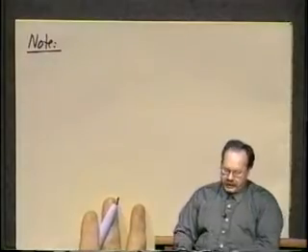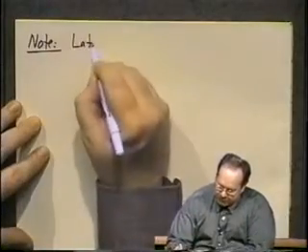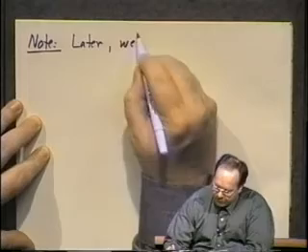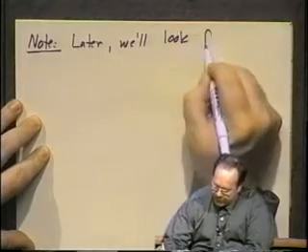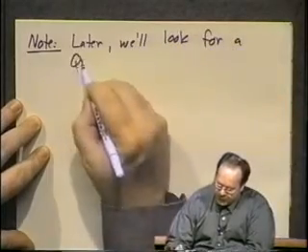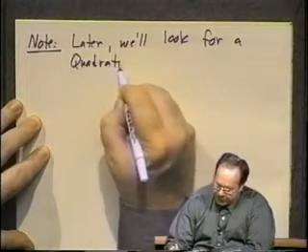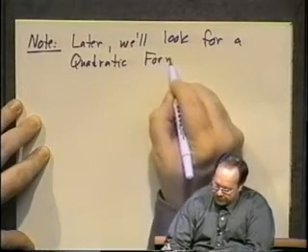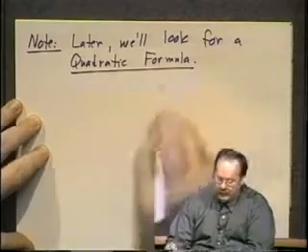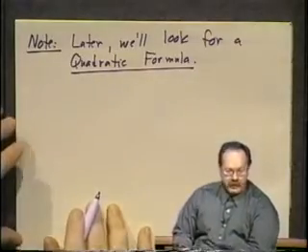Note, just a strategy note about what we're about to do. Later, we'll look for a quadratic formula. I promised you one earlier, and I also promised that it would be more useful than a linear formula, and it will be. But right now, in this segment, we won't be looking for that.